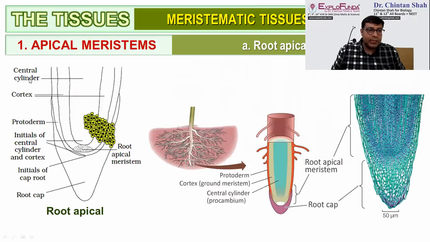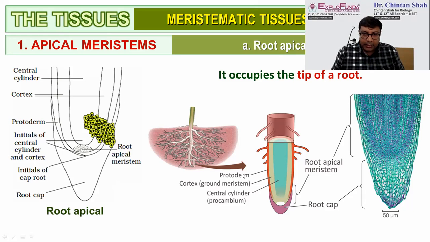So this is what the apical meristem is, and that's a root apical meristematic tissue. Central cylinder, cortex, protoderm, initials of central cylinder and cortex, then initials of root cap, root cap, root apical meristematic tissue, all the things are there. Now, if you take the magnification of just this region, you will get to know that there is a central cylinder, cortex on either side, and protoderm.